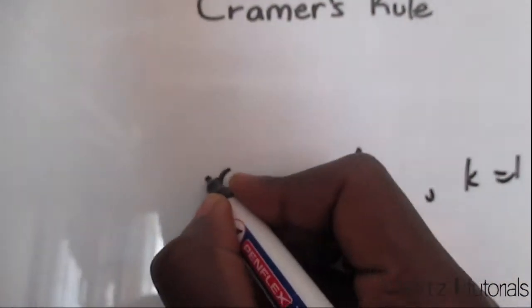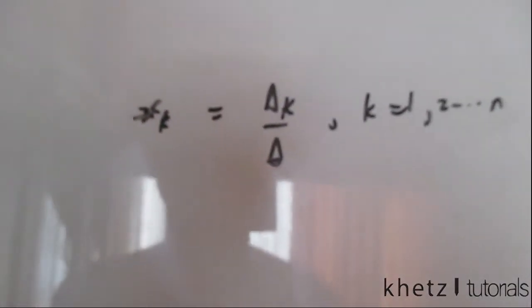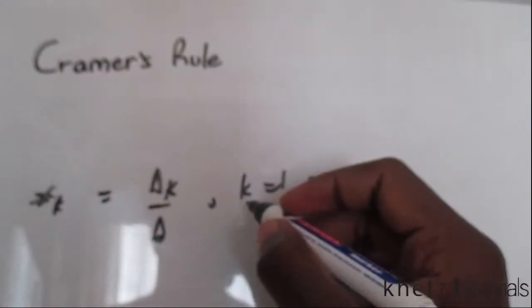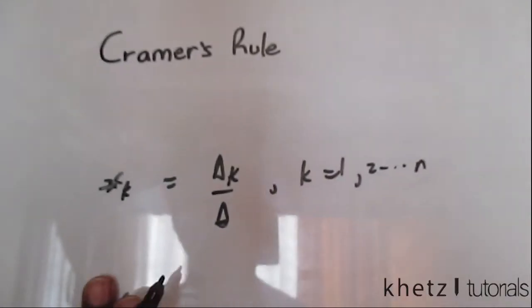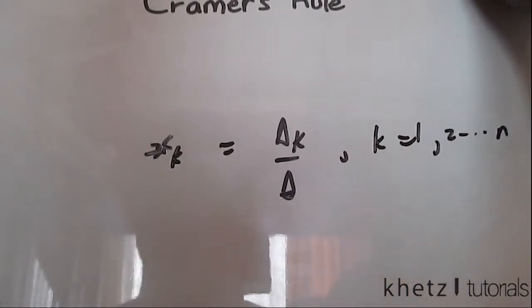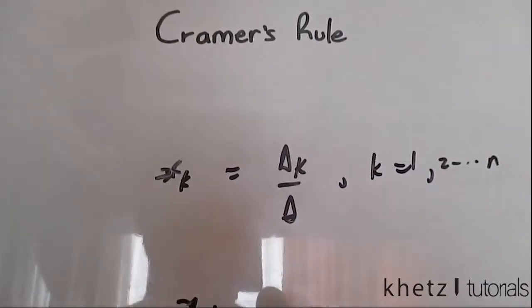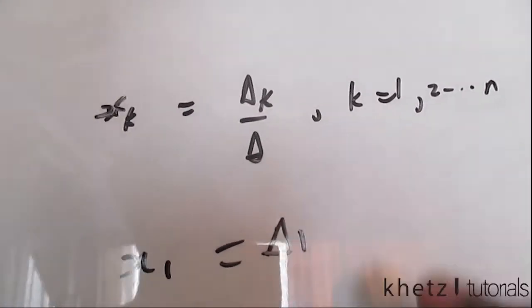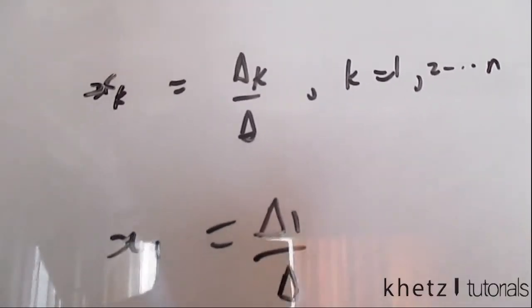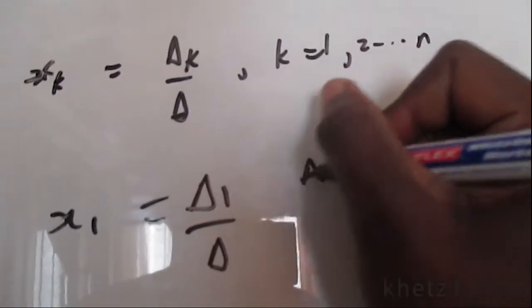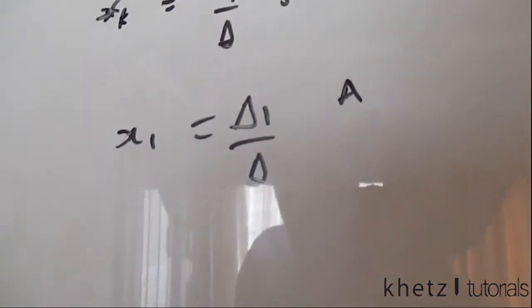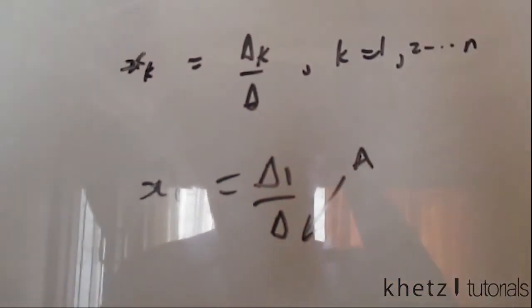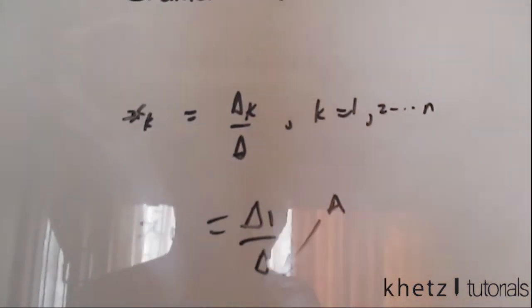So what this means is if you have a lot of variables, x1, x2, etc., which is represented by k in this case, then to find x1, you'd have to find the determinant delta 1 divided by the determinant of the matrix A. So the matrix A is the matrix of the coefficients of whatever system of equations you have.